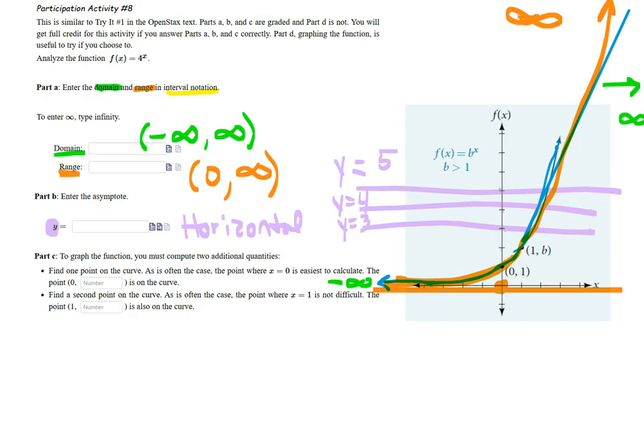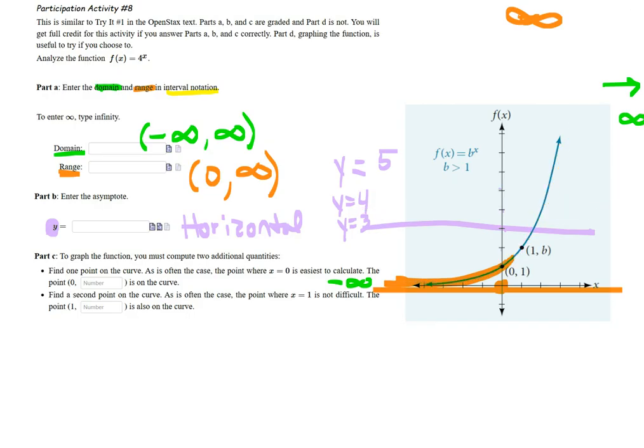Those are all horizontal lines. This graph, let me erase all this. This graph never crosses the x-axis. So since it's coming down and running along the x-axis here, the x-axis is your asymptote.